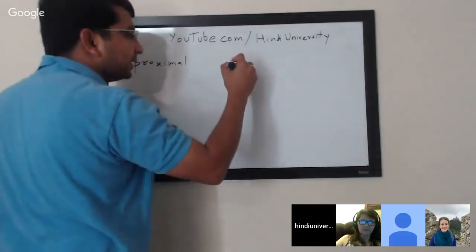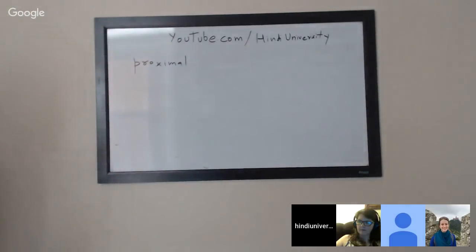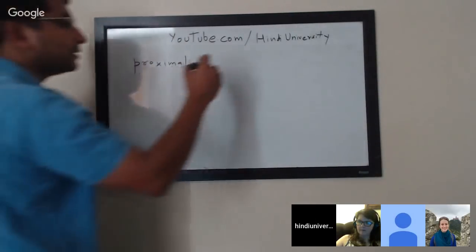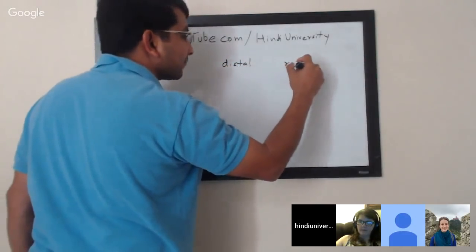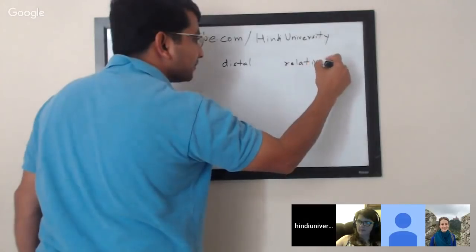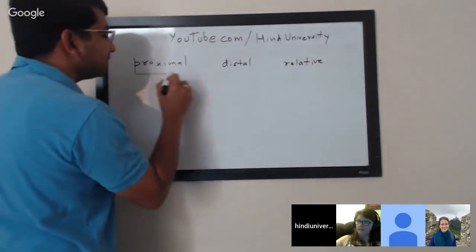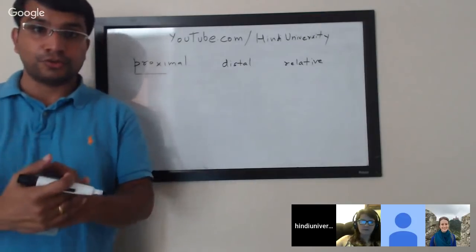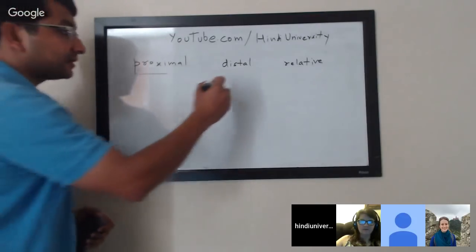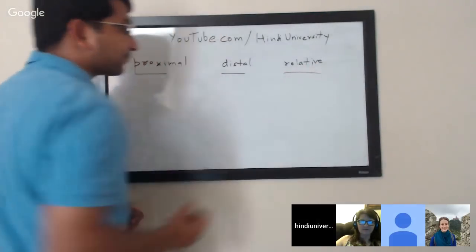So proximal, distal, and relative. Proximal is where the object is close to you. Distal is distance, and then relative.